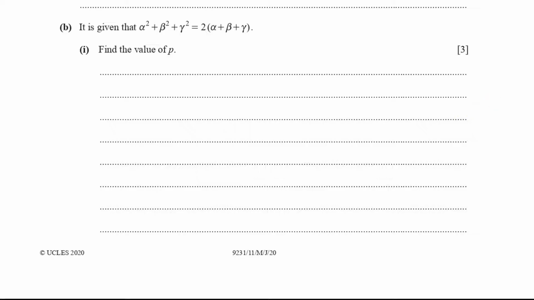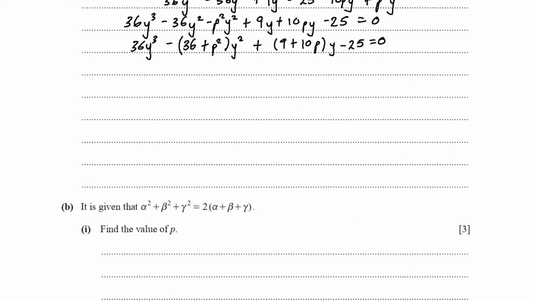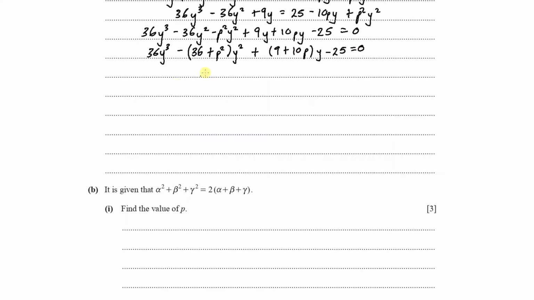This is the sum of roots of the cubic equation that we got on A. So in order for us to get the sum of roots for this cubic equation, this will simply be equal to minus of the coefficient of y squared, which is 36 plus p squared, over the coefficient of y cubed, which is 36. So that's the sum of roots here.